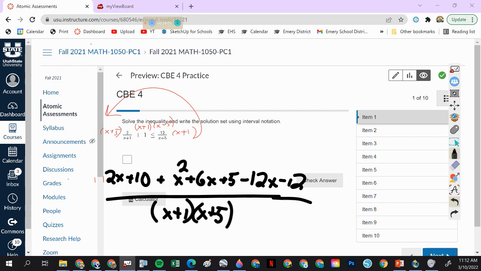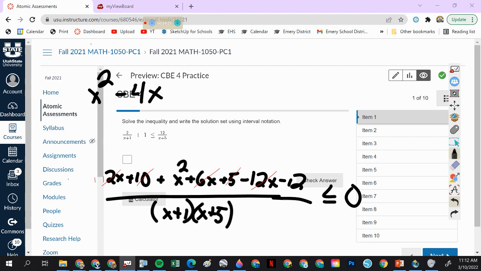And this is less than or equal to 0. Simplify. The numerator becomes x squared, 2 and 6 make 8, minus 12 is -4, x, 10 and 5 is 15, minus 12 is 3.